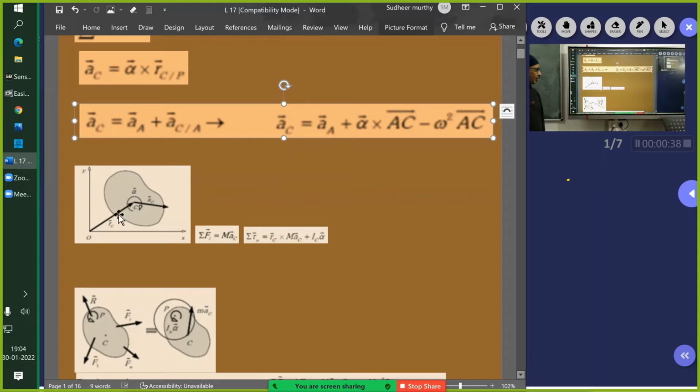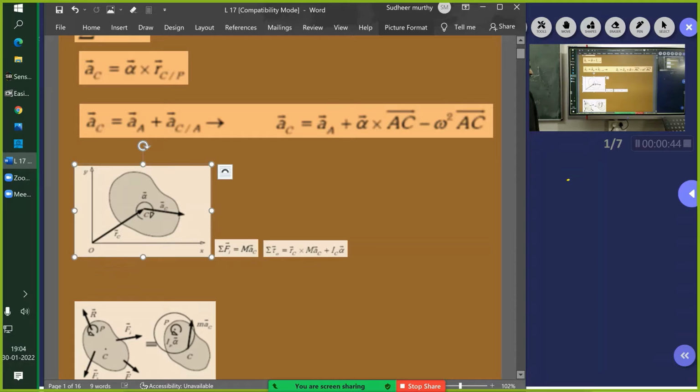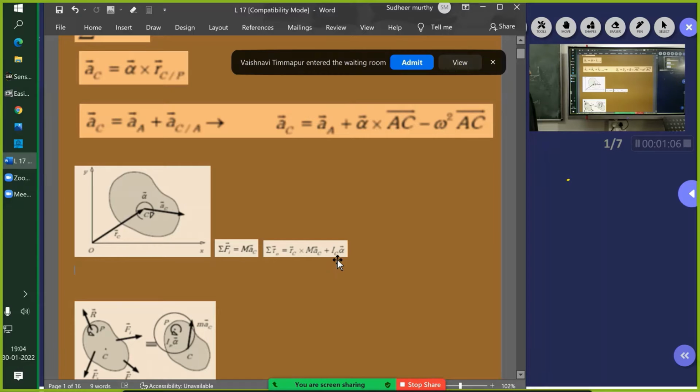Okay, and now we should start drawing the free body diagrams like this. So you see here, the summation of all the forces you will keep as a vector at the center of mass, and the vector magnitude will be m into AC. And then the torque about some point, you will write it like this.